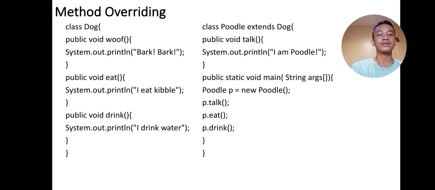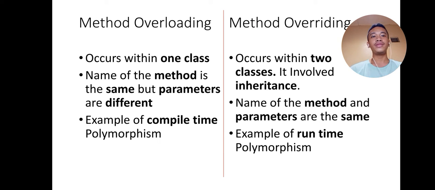Next, method overloading is an example of compile time polymorphism, and method overriding is an example of runtime polymorphism. So what does it mean? When we say compile time, it is where the method call is decided by the compiler, while runtime is where the method call is decided by the JVM or Java Virtual Machine.